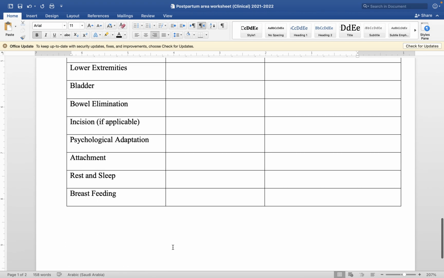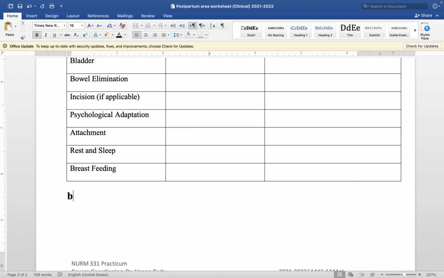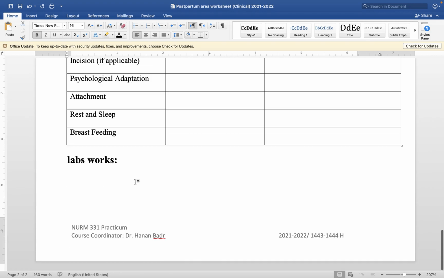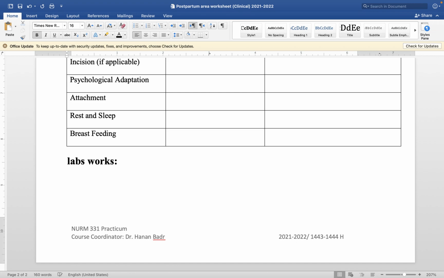There should be extra needed information about blood work or investigations, sometimes added. So we have to go through it. If a blood or urine analysis was done, or other blood tests were done during the postpartum period, like CBC and whatever other lab work is needed for that woman.